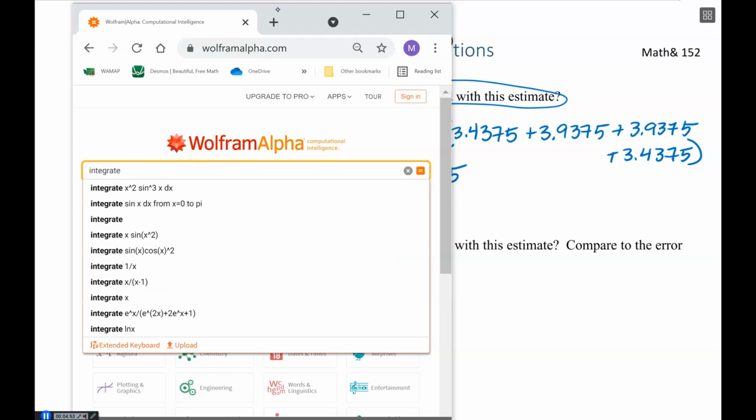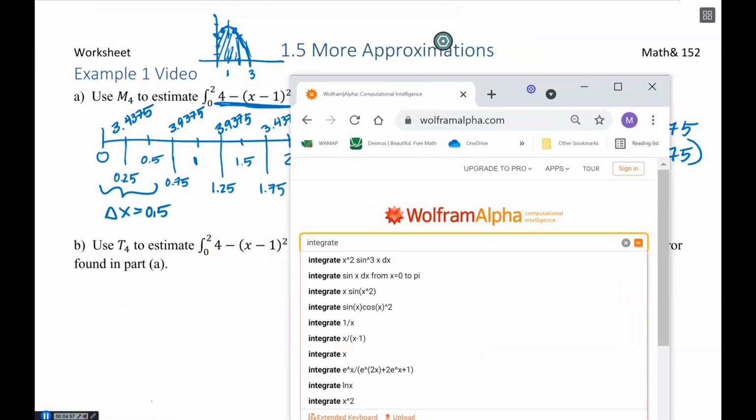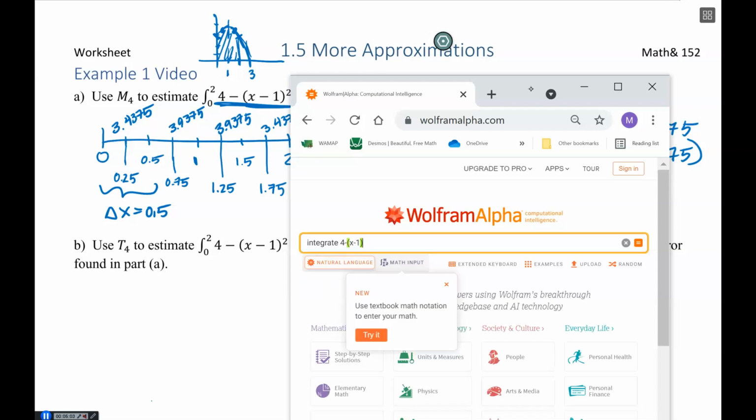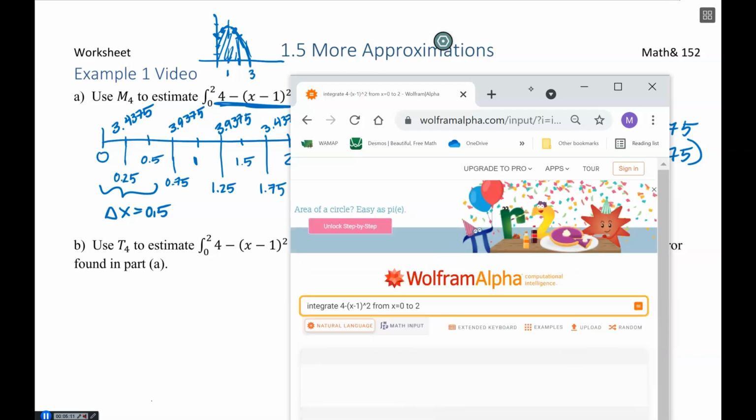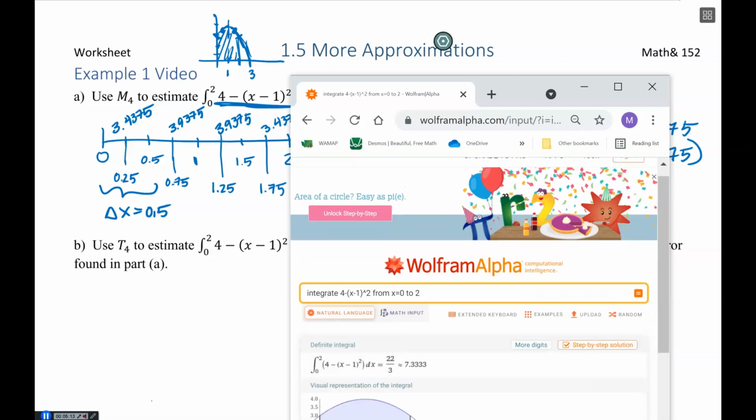Integrate 4 minus x minus 1 squared from x equals 0 to 2. That should give us the exact value of the integral, 7.3333.